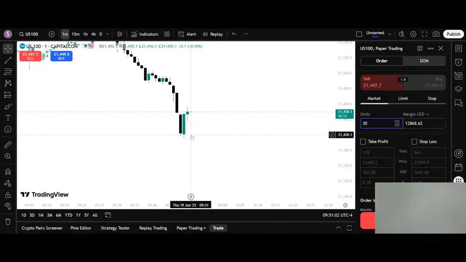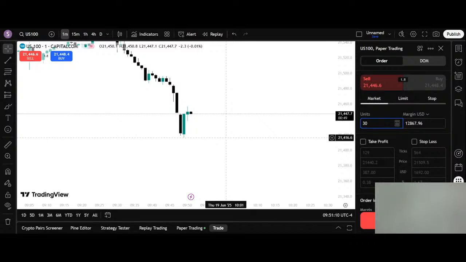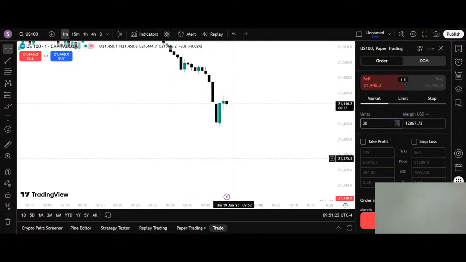It has taken a lot of sell-side liquidity, but with the current events going on in the world with Israel and Iran, I think that's fundamentally what is driving the price down now. And this also looks very bearish. Even if it doesn't crash a lot, it's still going to take this low.